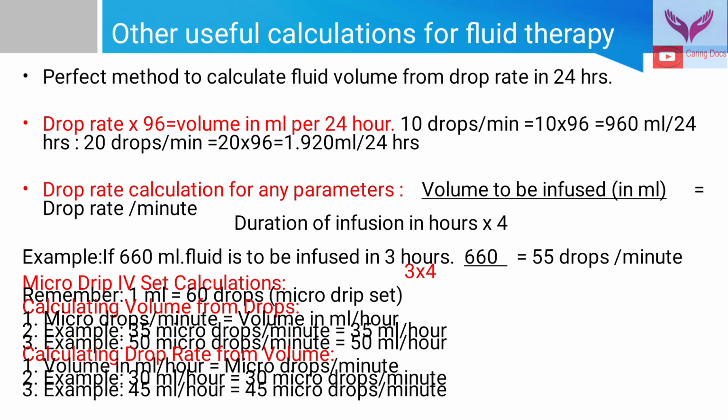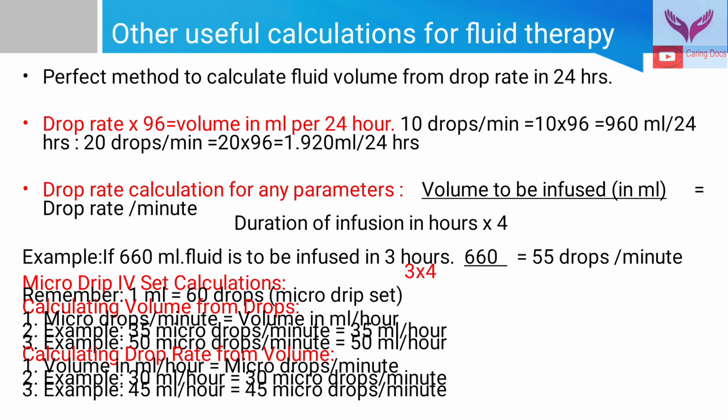So it will be 960 ml. Similarly, if we are giving 20 drops per minute, and we have to calculate how much fluid we can give at this rate in 24 hours, just multiply 20 with 96, we will get 1,920 ml in 24 hours, that is approximately 2 liters.